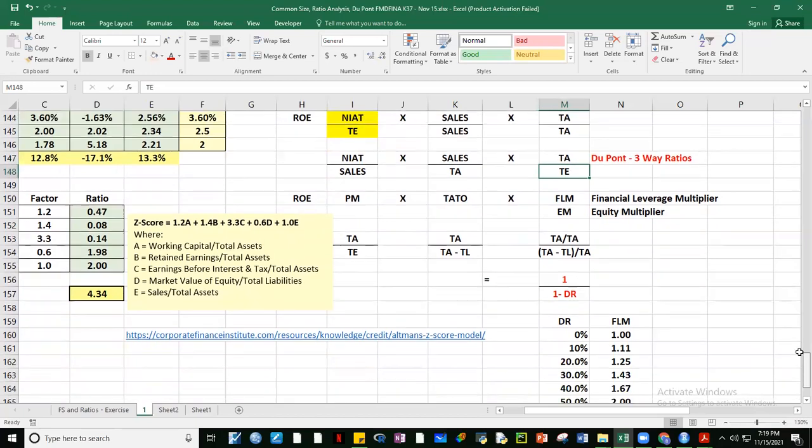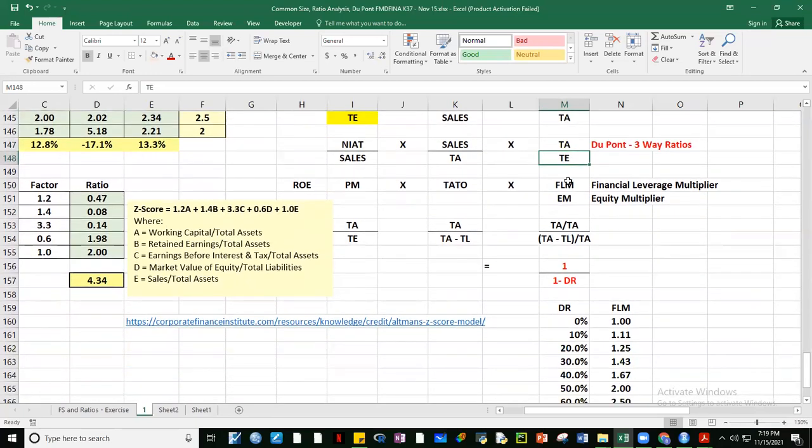Okay, let's analyze that, yung FLM, kasi ito na lang hindi natin na-analyze, no? Si financial leverage multiplier. So let's start with total assets over total equity. And then, si total equity, palitan natin ang total assets minus total liabilities. Tapos, i-divide natin lahat ng total assets, no? Numerator and denominator.